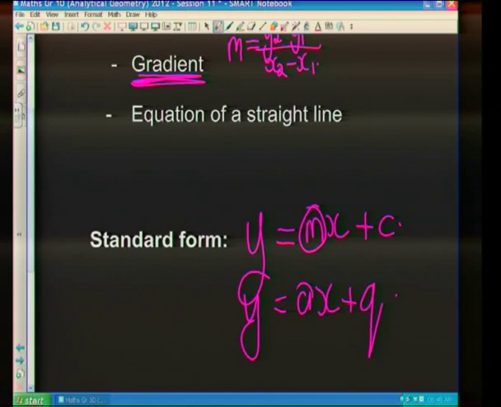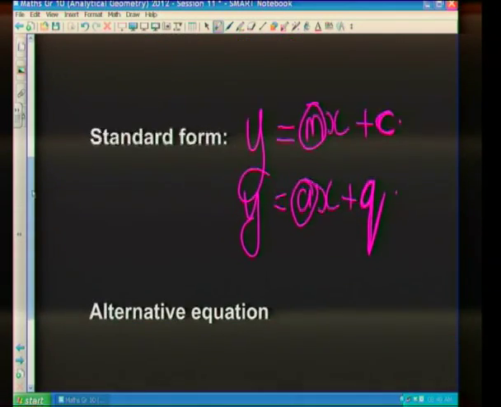Remember when you did functions, parabolas? So really, this should just be a little bit of revision. M stands for the gradient, and obviously if you use an a, then the a indicates the gradient, and that is the steepness of the line. c, or q, indicates the y-intercept, or the shift upwards from the origin.